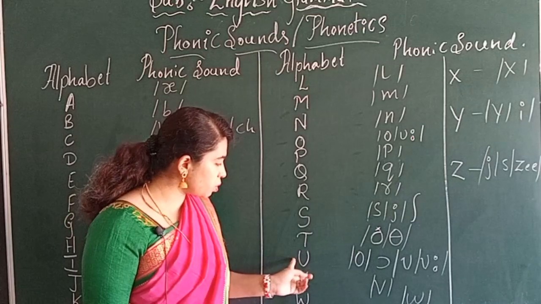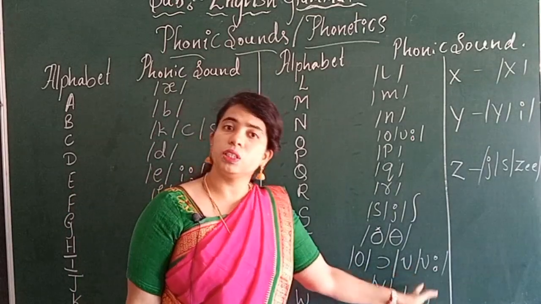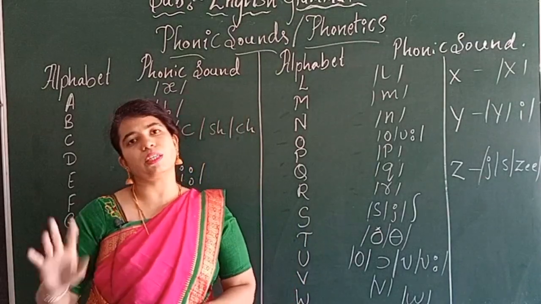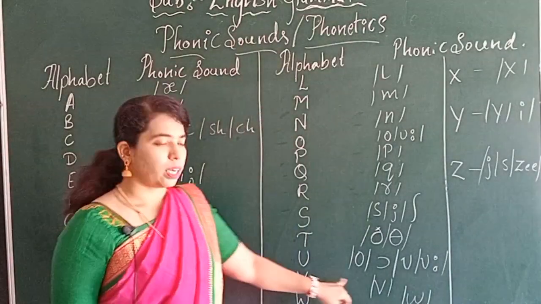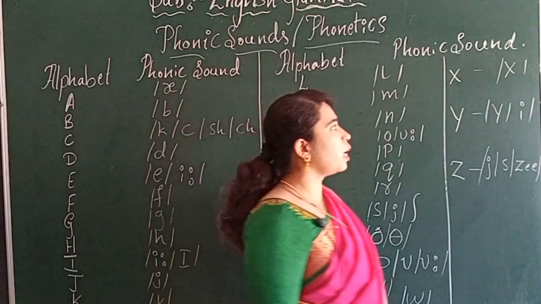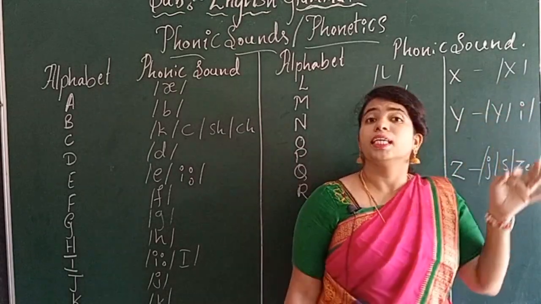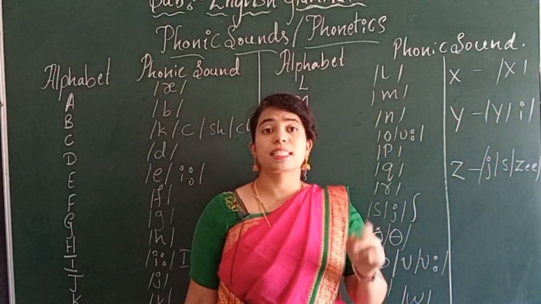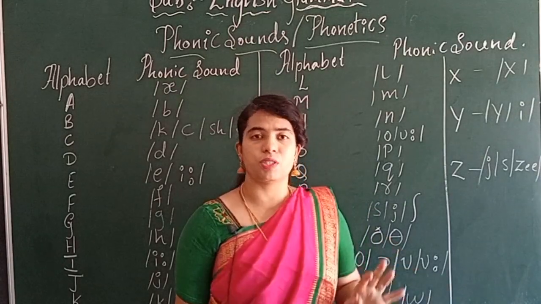Coming to U, U may be used in different places. V as V, W also as V. X as Z, Y as Y and E. Sky, ski, both are the same, my dear children.